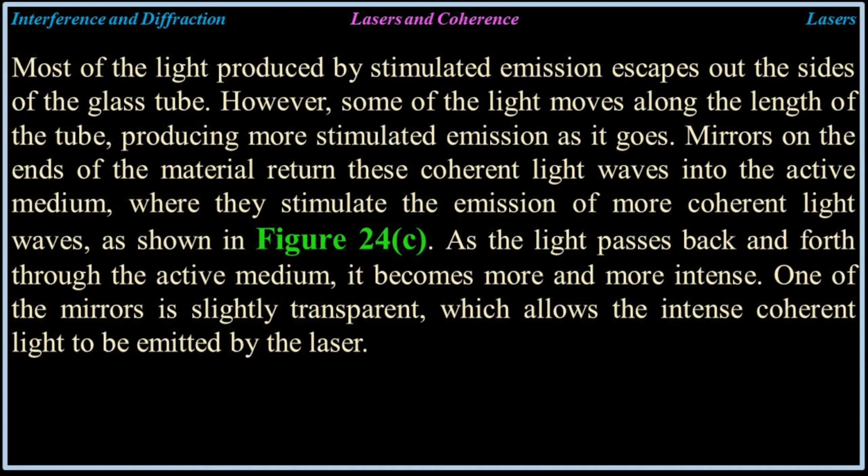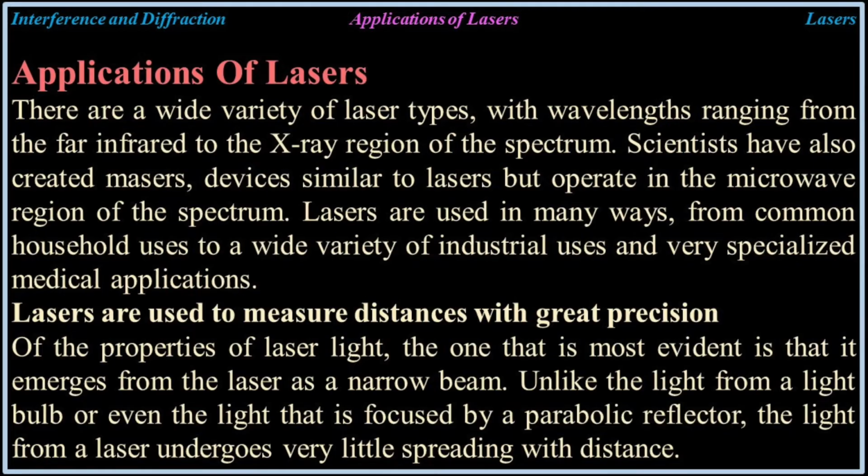As the light passes back and forth through the active medium, it becomes more and more intense. One of the mirrors is slightly transparent, which allows the intense coherent light to be emitted by the laser. Again, figure 24 seems to be very pivotal.